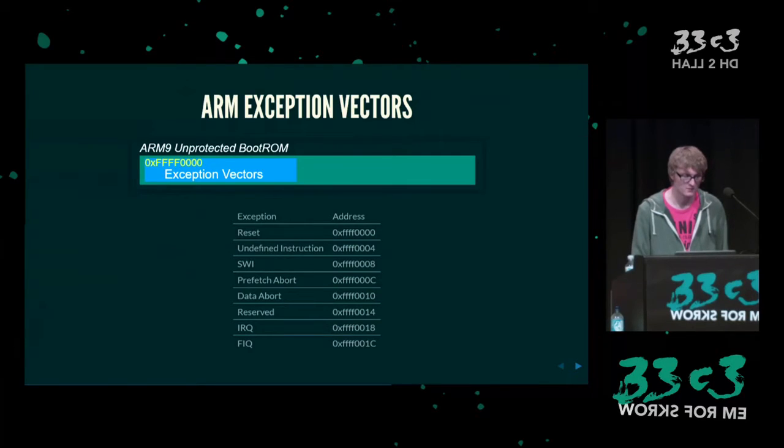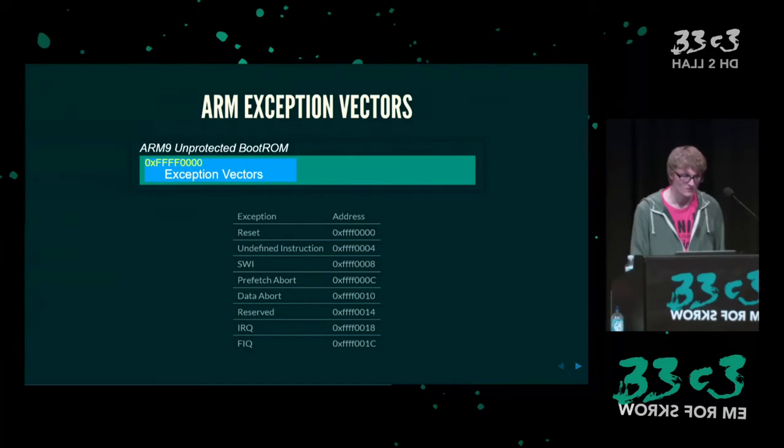Every time something weird or special happens on the CPU, it will jump to those exception vectors, like the reset vector that we just saw, or when you try to read from an invalid address, it will jump to the prefetch abort or data abort vector. And when you receive an interrupt, it will jump to the interrupt request vector.